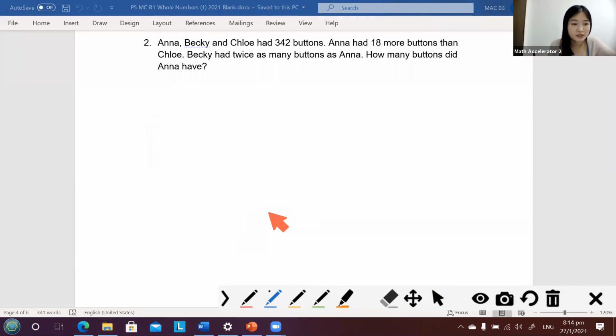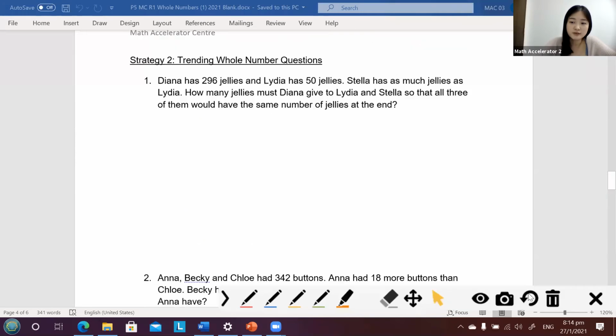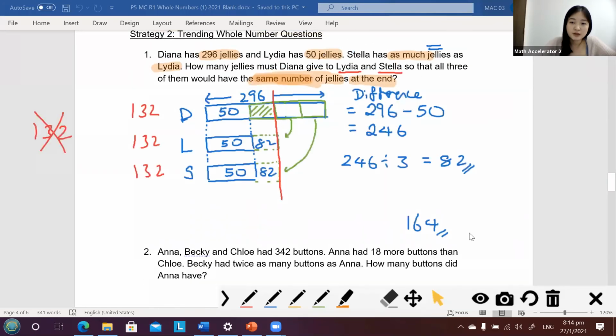Okay, 164 is if you times 2. Sorry, we go back to this again. If you are assuming that they're asking for how many jellies Diana gives in total, it will be 82 and 82. That's how much Diana gave in total. But if you're talking about each of them, it will just be 82.